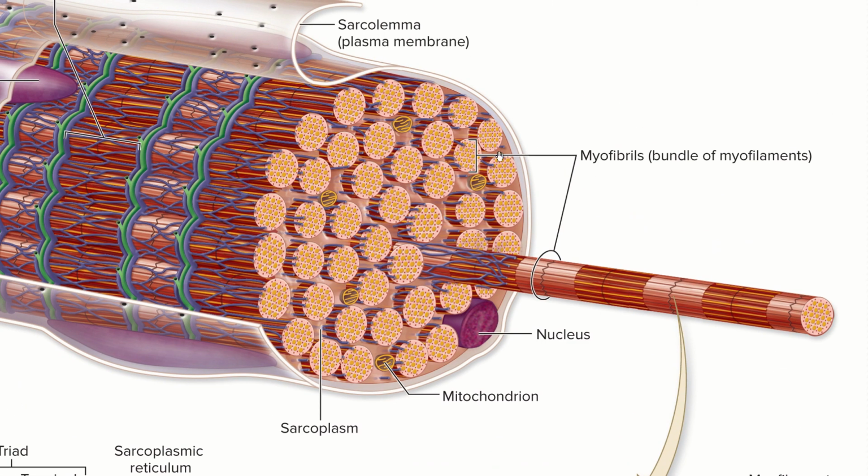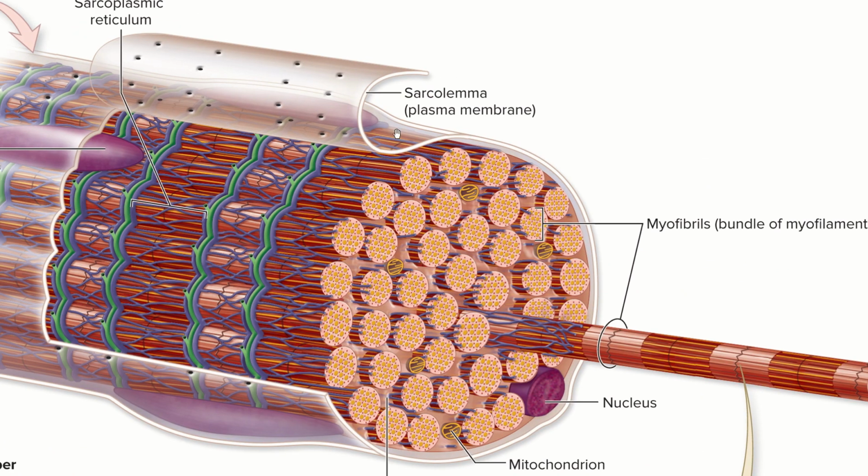The sarcolemma is shown surrounding the entire muscle fiber, which is the muscle cell. So remember, the sarcolemma is the plasma membrane of the muscle cell. The sarcoplasm is going to be interior, and here's a large nucleus pictured, as well as several mitochondria.